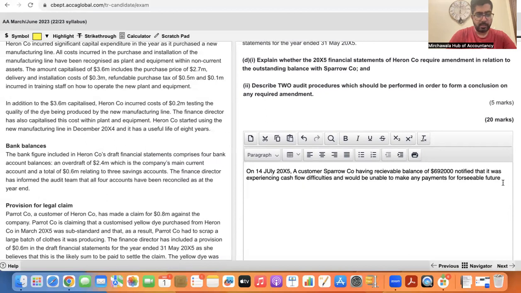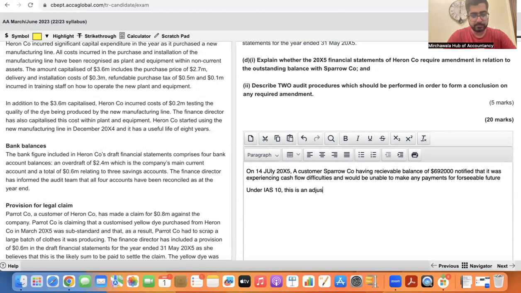Then remember, under IAS 10, the receivable balance is difficult to pay. The receivable balance existed in the balance sheet, so they can anytime go back.